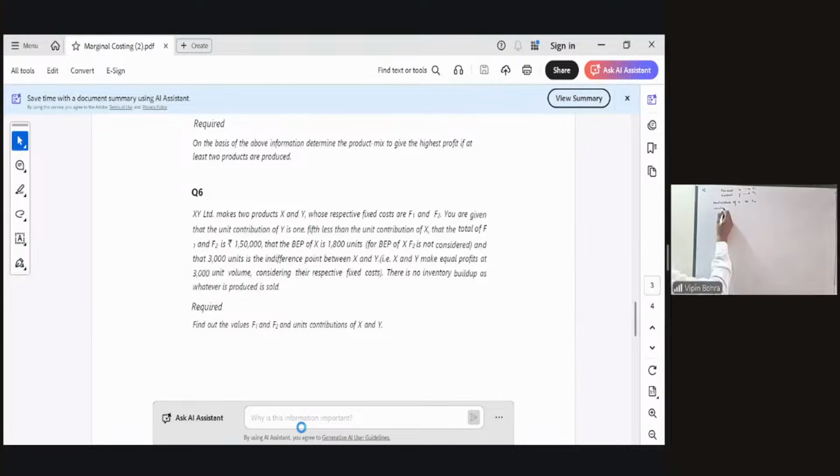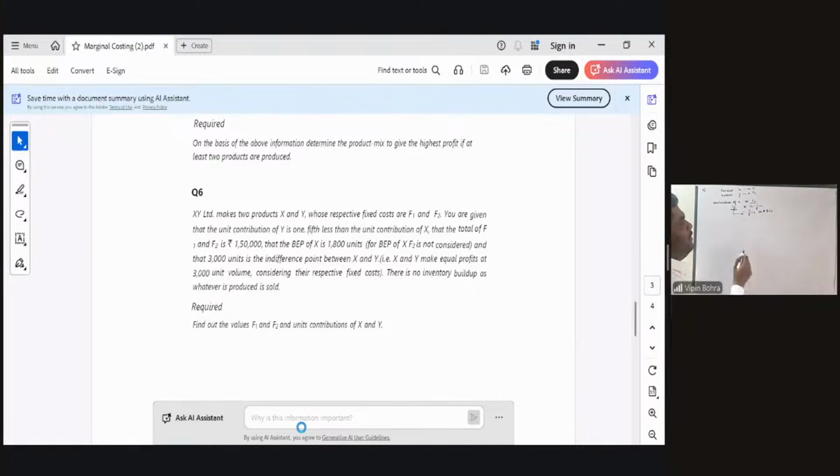Then the contribution of Y, Cy, will be Cx minus 1/5 Cx, so it will be 4/5 Cx.